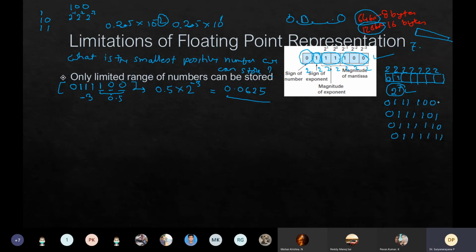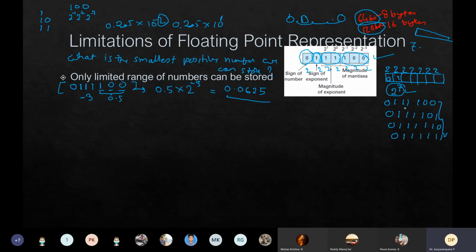So these are the four possible states of the mantissa part. After this, if you want to get the next number, we have gone through all possible combinations of mantissa.